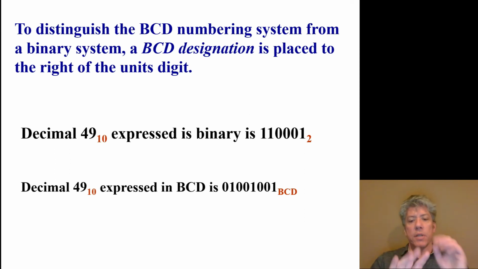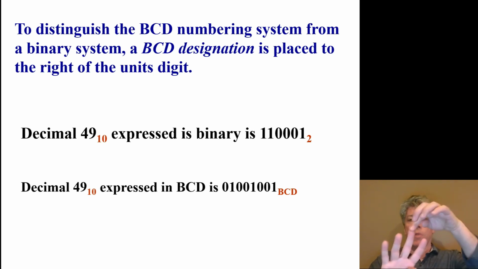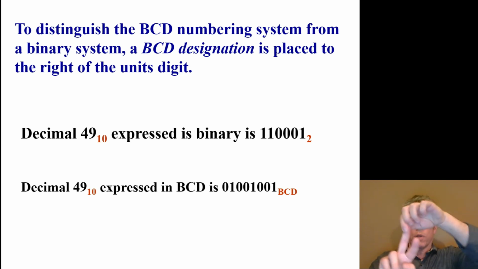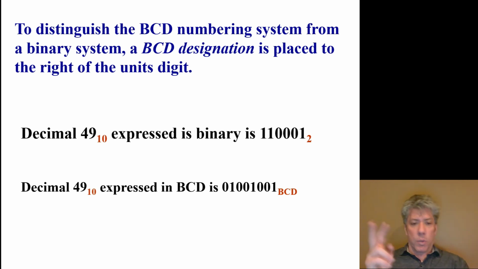The next nibble is 0100, so the 4's place is on, it's a 1, and so we have 49 in binary coded decimal. Now let's figure out what that number would be if we misinterpret it. So I'm going to interpret the lower number, which is supposed to be binary coded decimal, as binary.